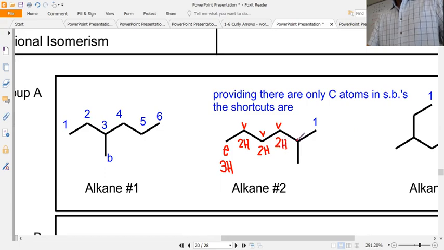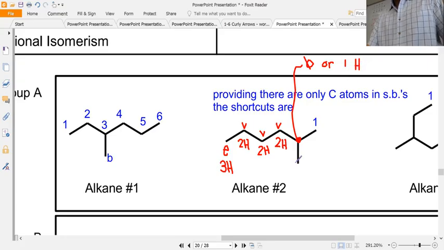Here's a vertex with a branch. This could have either 0 or 1 hydrogen, it depends. Carbon can only make four bonds. So if you have 2 branches, you can't have 2 hydrogens.